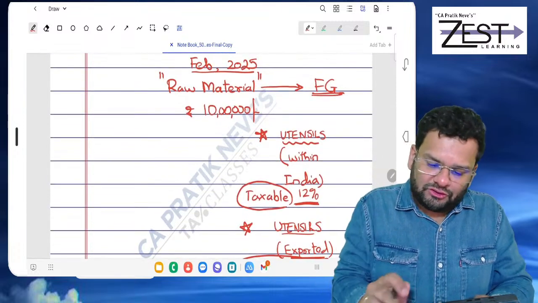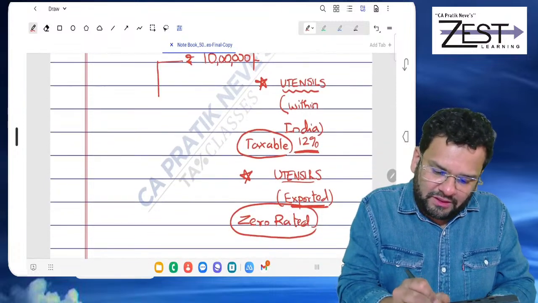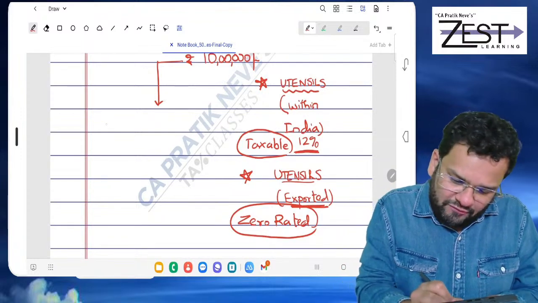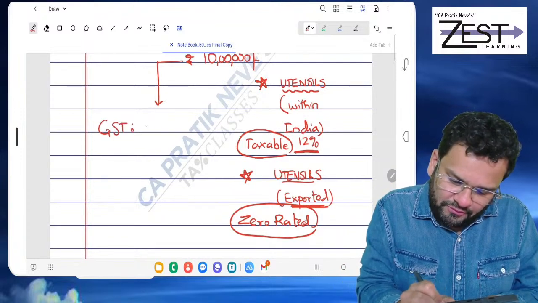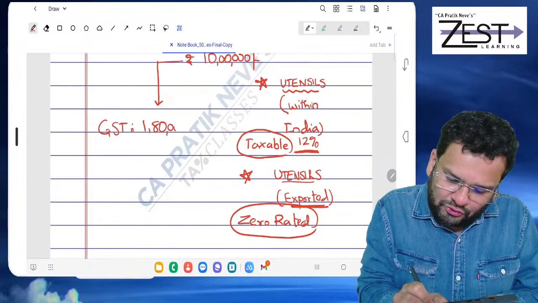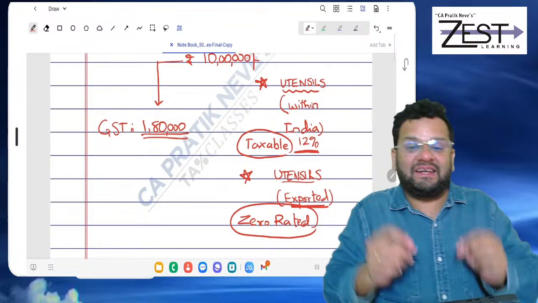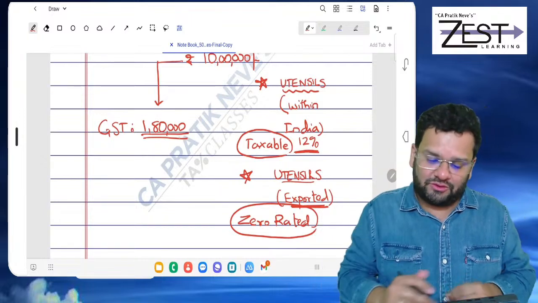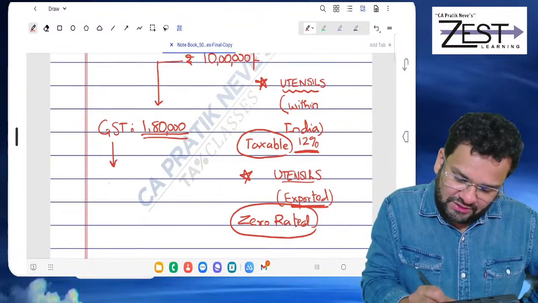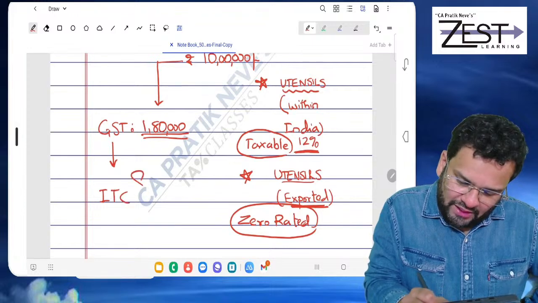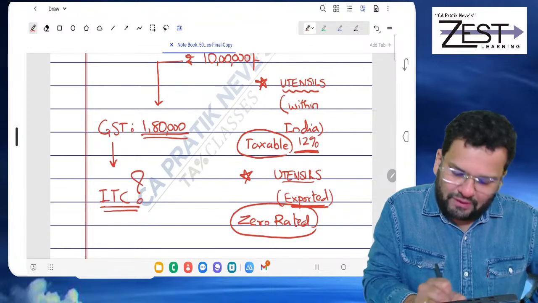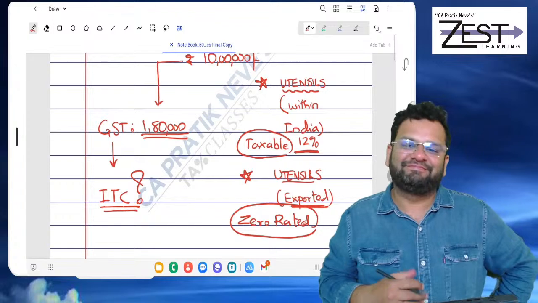Now on this raw material of 10 lakh rupees, you have paid GST of 1 lakh 80,000. Are you expected to get ITC of the full 1 lakh 80,000? Will you get ITC of the complete 1 lakh 80,000?